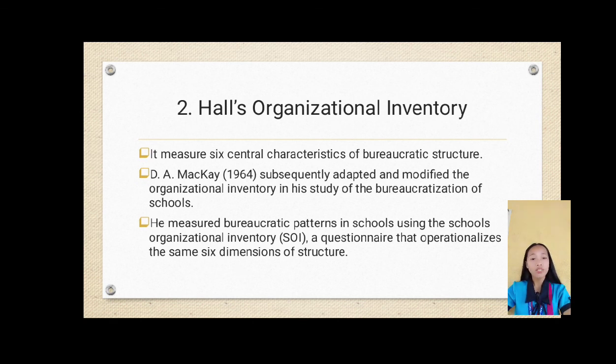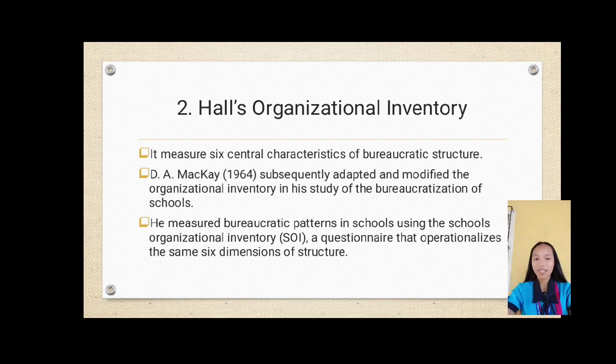One of the earliest systematic attempts to measure bureaucratization is Hall's 1964 development of an organizational inventory to measure 6 characteristics of bureaucratic structure, or those that we tackled earlier, the 6 principles.